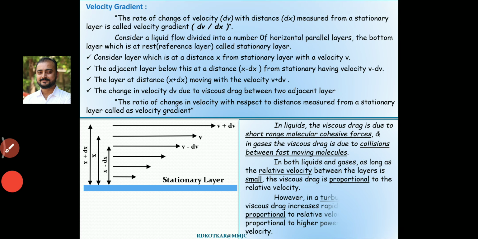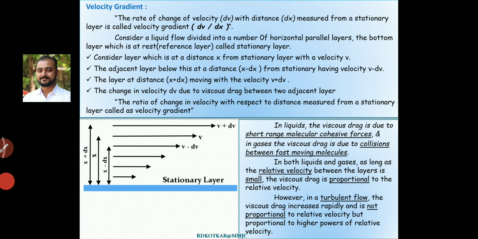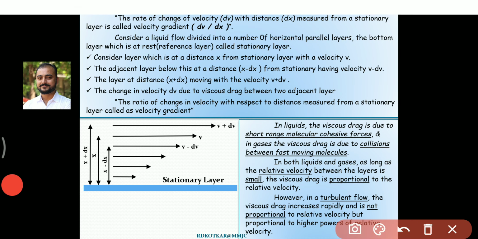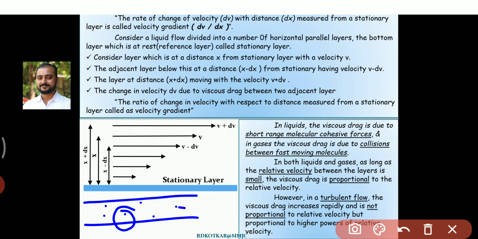Next, however, in turbulent flow the viscous drag increases rapidly and it is not proportional to relative velocity but proportional to higher powers of relative velocity. You know about turbulent flow, in which when the liquid is flowing, all the molecules are moving with different velocities, or in other words, the velocity of a molecule at a given point does not remain constant. That is known as turbulent flow.